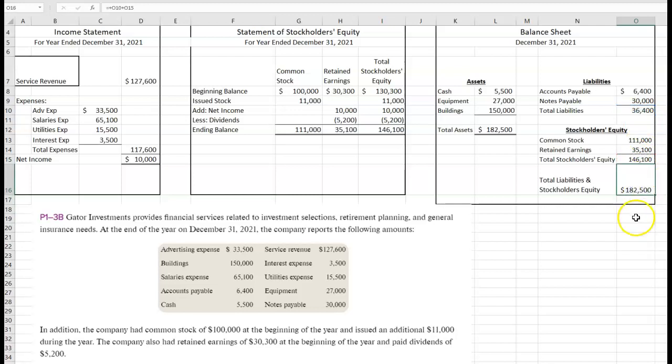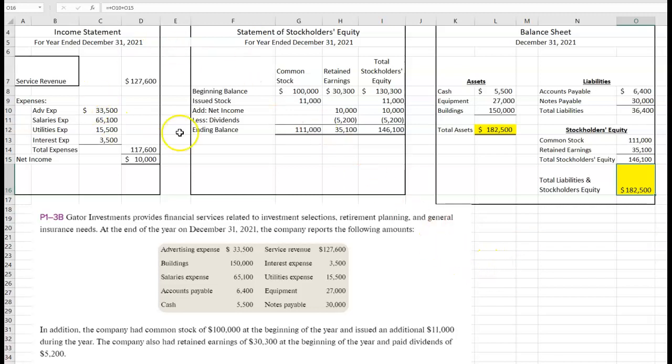That's $182,500. Remember, this is my accounting equation. Assets equal liabilities plus stockholders' equity. So my assets, $182,500, equals my liabilities plus my stockholders' equity of $182,500.